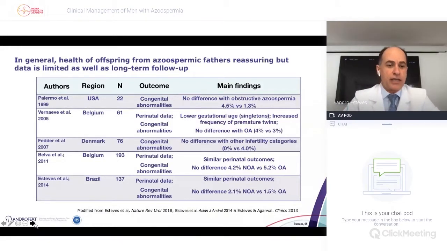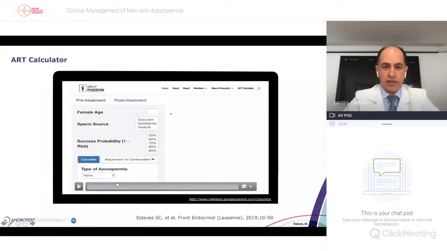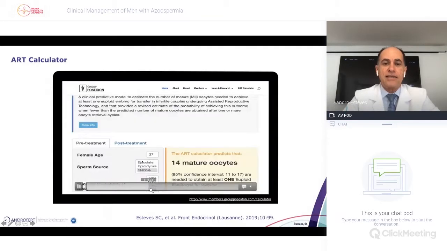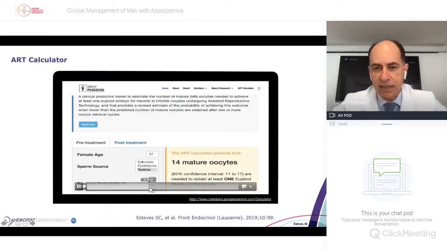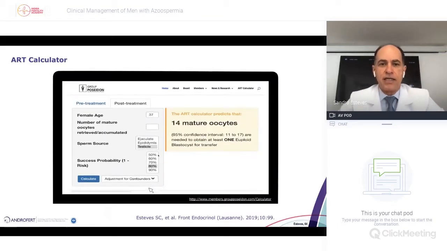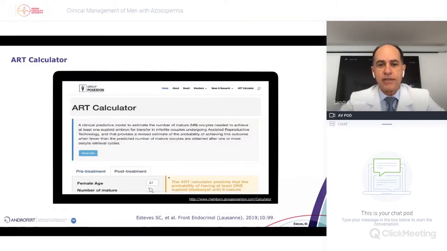So lastly, I just want to go back a little bit because I want to show you another aspect of the calculator. Let's say that the calculator says 14 mature oocytes, but you could not get 14 mature oocytes. The patient's ovarian reserve did not allow that. You got, in this example, only 6.